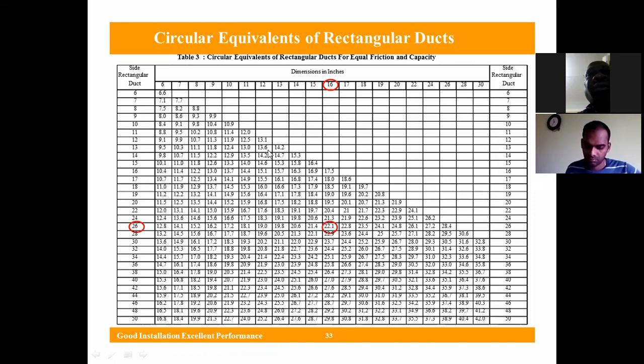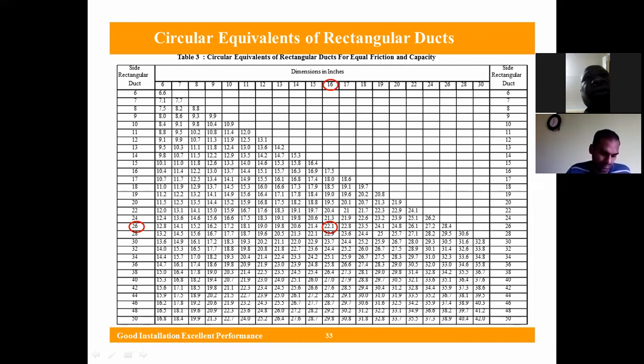What is our diameter in inches? 16.08, right? So you have to see whether 16.08 is there or not in this tabular column. Here, circular equivalents of rectangular ducts.